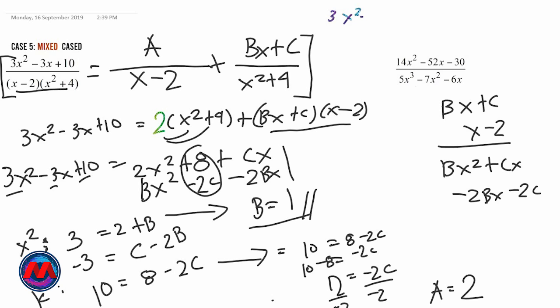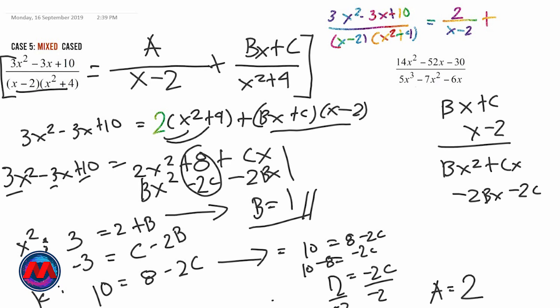So, that's (3x squared minus 3x plus 10) over (x minus 2)(x squared plus 4). That would be equal to A, which is 2 over x minus 2, plus B. Ano yung B natin?